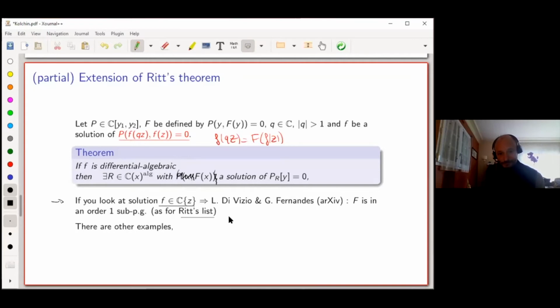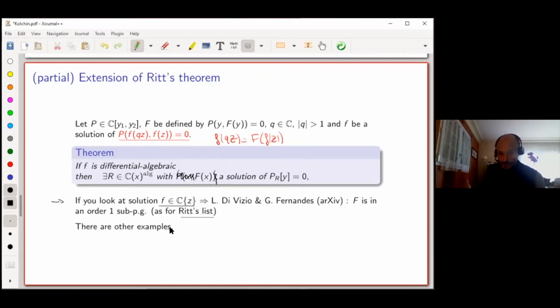And so I'm pretty confident that they will show that, if you assume f is a convergent power series, then you will have only the cases that already appear in Rettner-Lisp. There are no other cases where such a function can be differentially algebraic.